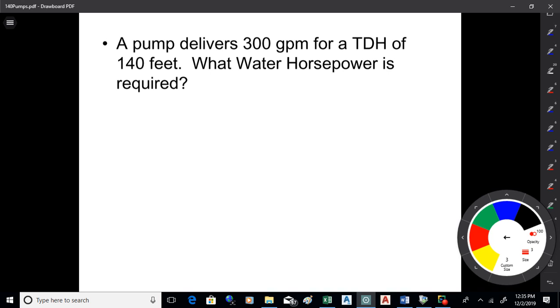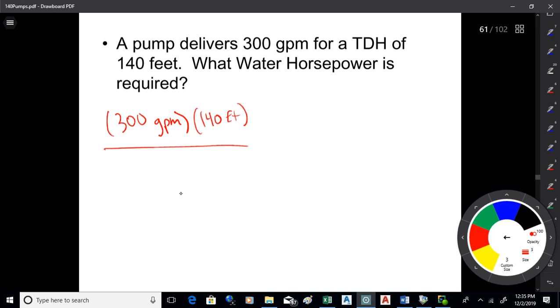You don't really have to worry so much about the units on this. So you're going to take the 300 gallons per minute times the TDH of 140 feet, and then you're just going to divide it by 3960, and it all just comes out in horsepower. I got 10.61 horsepower. Now I'm going to call that WHP, water horsepower.